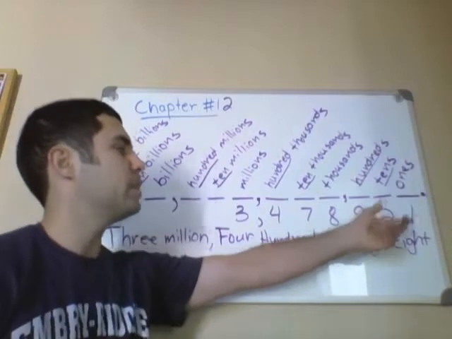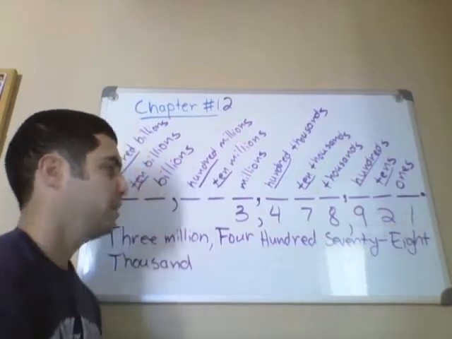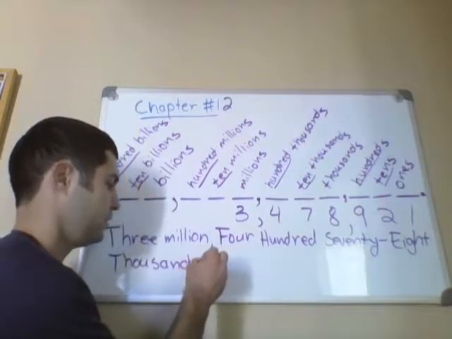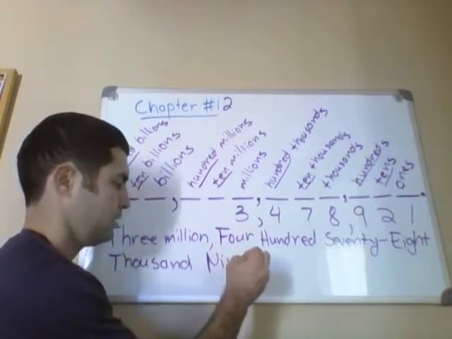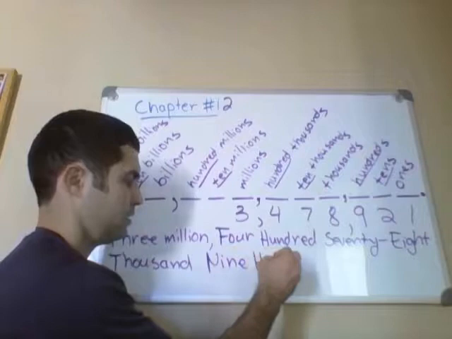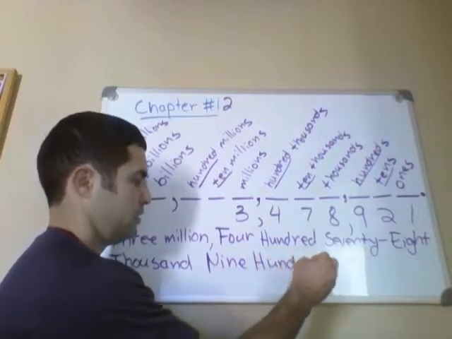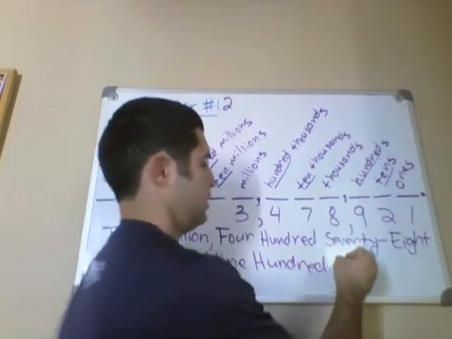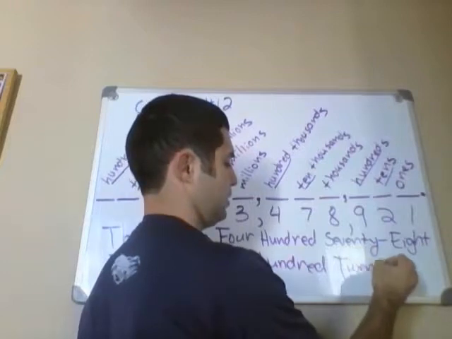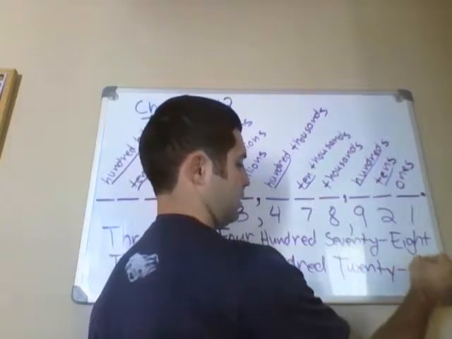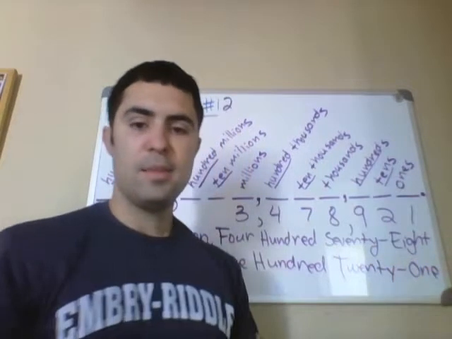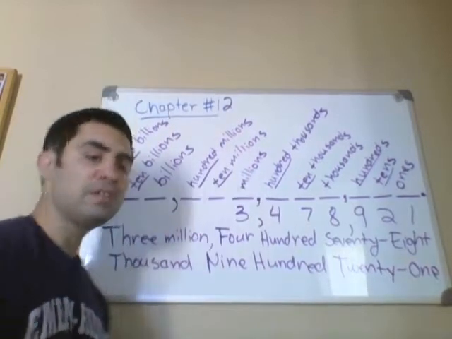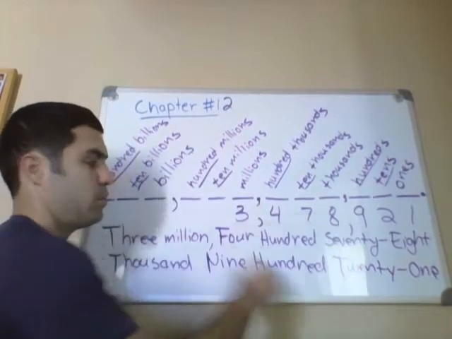And then the last three numbers is 921. Barely had enough room. Okay, so this is how you would write this number with words.